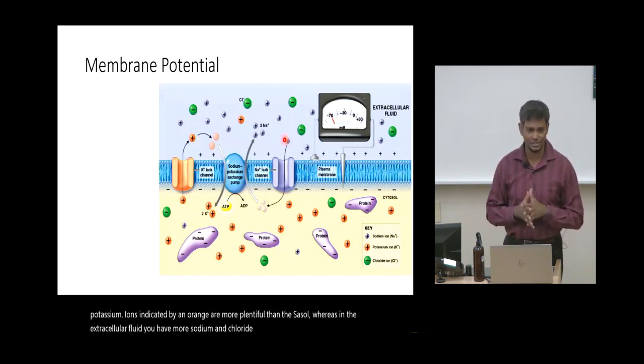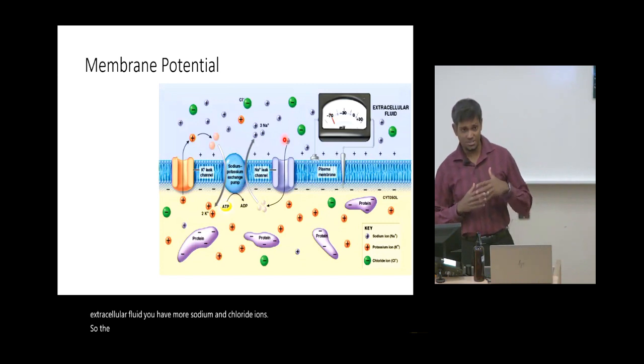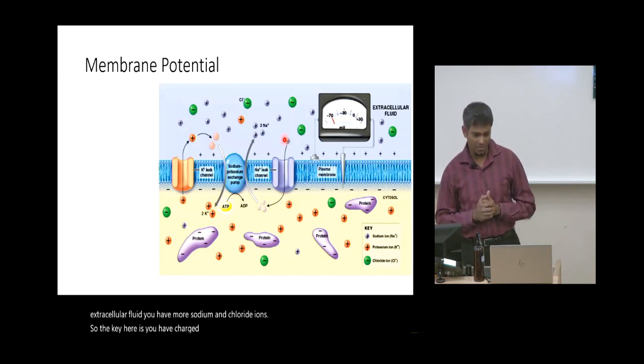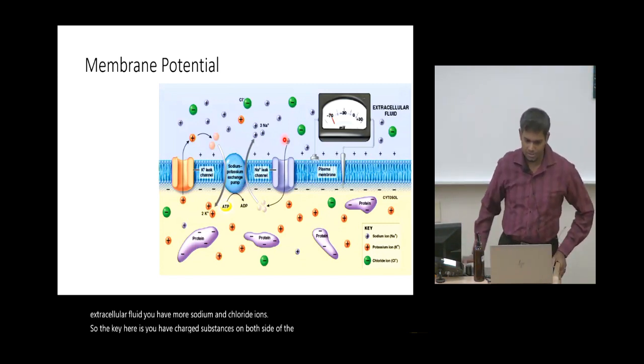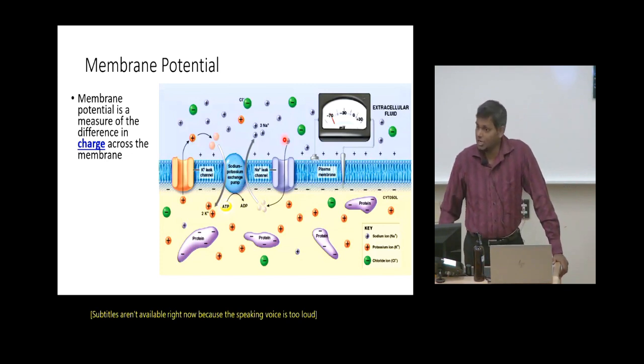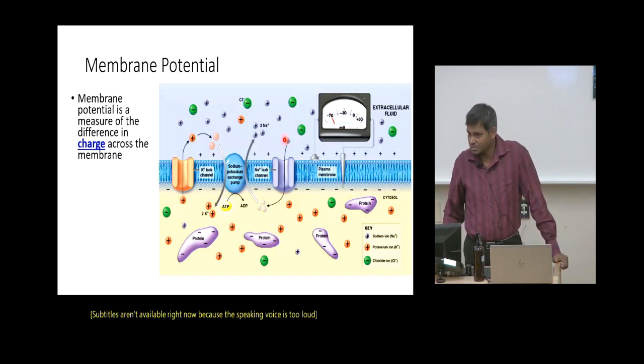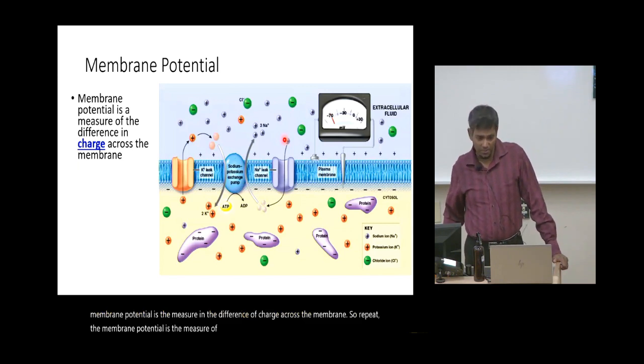The key is that you have charged substances on both sides of the membrane, and the membrane potential is the measure of the difference in charge across the membrane. I repeat, the membrane potential is the measure of difference in the charge across the membrane.